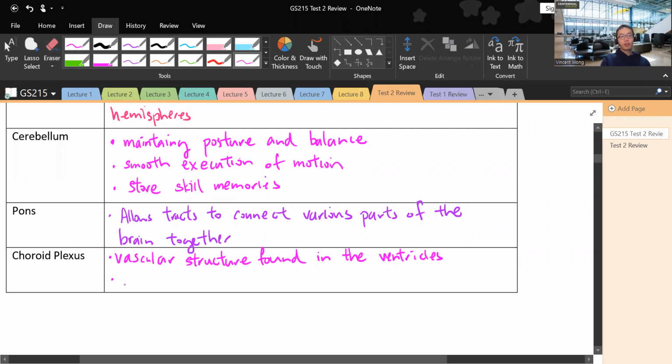And the function of the choroid plexus is they produce CSF, cerebrospinal fluid.